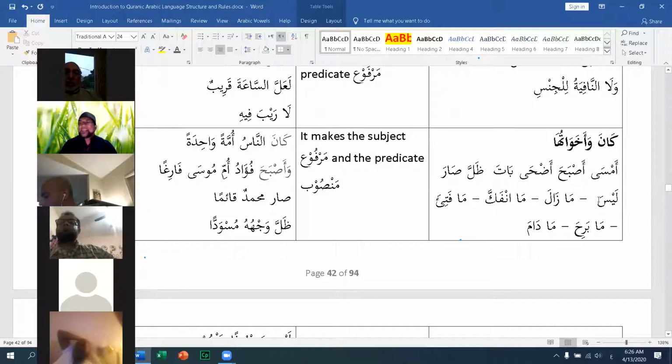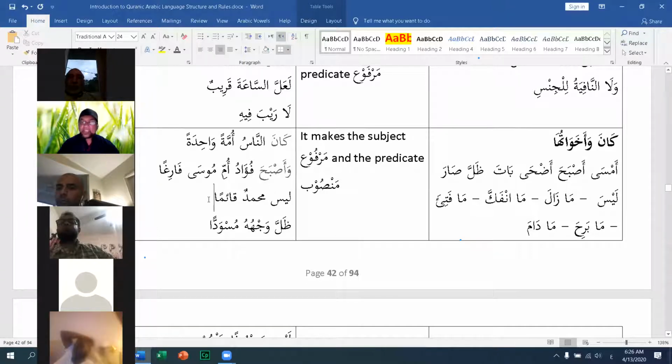Laisa is to negate. Laisa means not. ليس محمد قائما. Muhammad is not praying. ليس قائما. Muhammad is not standing.